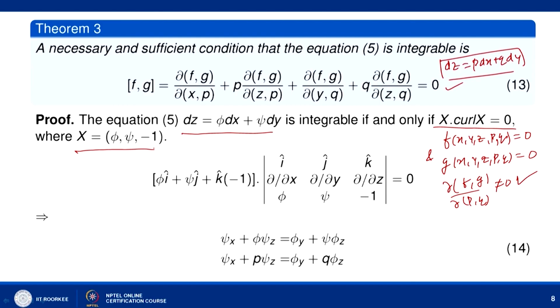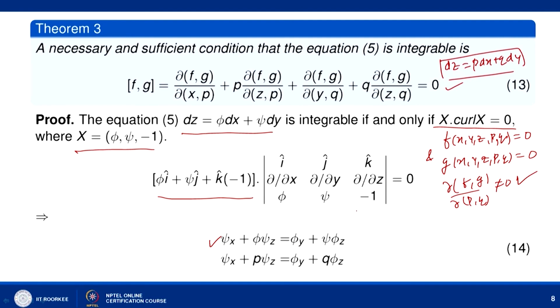So let us calculate the quantity X dot curl X equal to 0. Here X dot curl X means X = phi i + psi j - k, dotted with curl X. Let us find the curl X. This is the determinant with i, j, k, then del/del x, del/del y, del/del z, then phi, psi, minus 1, and if you simplify this, it comes out to be psi_x + phi psi_z equal to phi_y + psi phi_z.